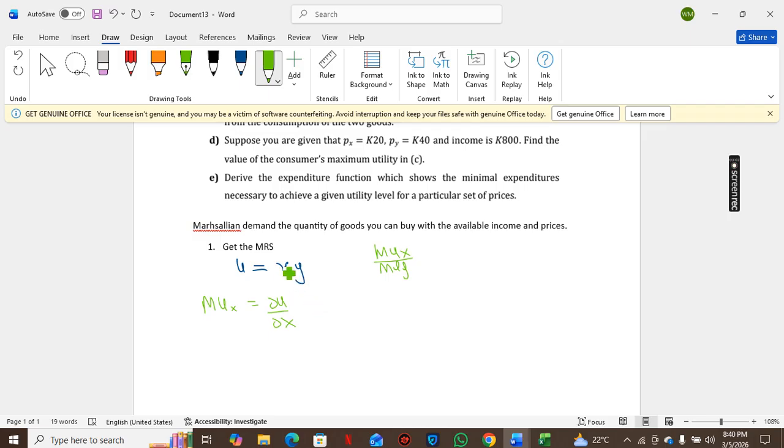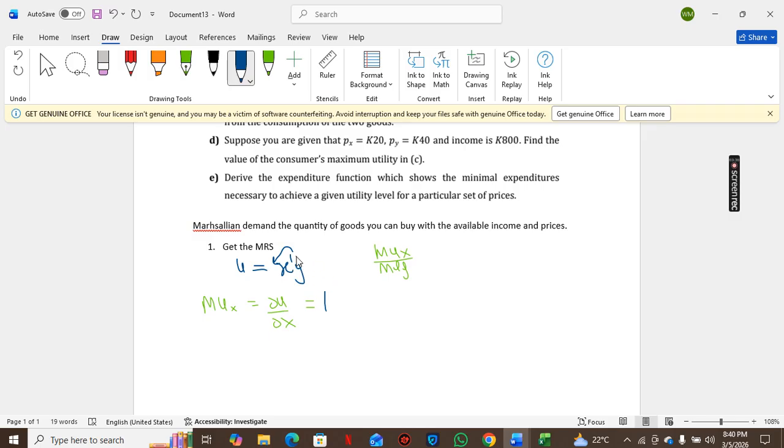If we derive X, I hope we now all remember how to derive. When you derive X to the power 1, you multiply the exponent with the invisible coefficient, which is a 1 here. 1 times 1, you get a 1 there.